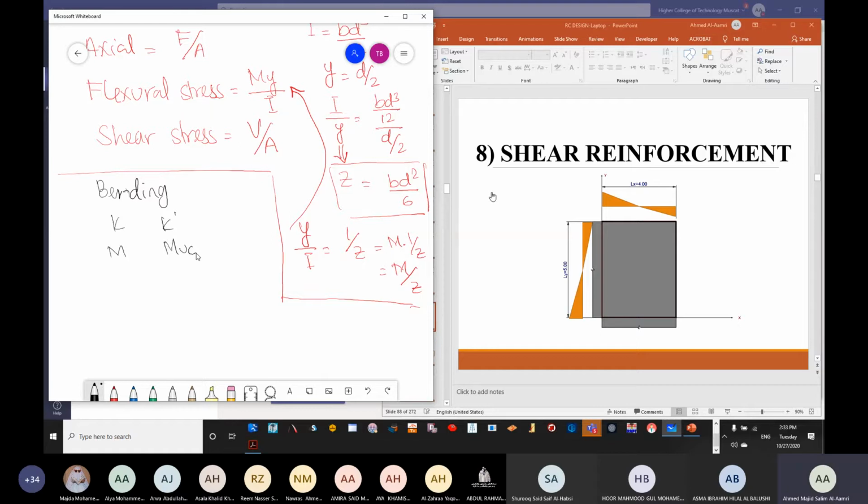For bending, if you remember, M is representing the moment of the load, and MUC is representing the moment of concrete, or the capacity of concrete, how much concrete can take.